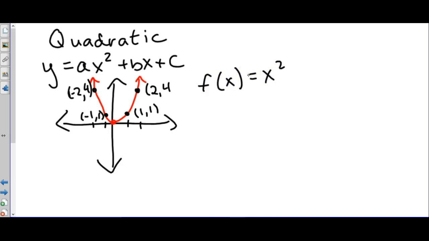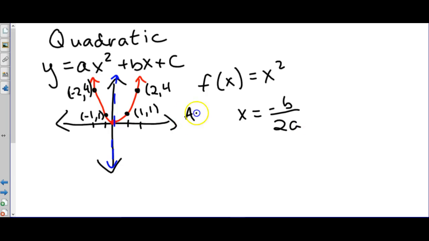When you look at a quadratic function, it has something called the axis of symmetry. It's a line that cuts that parabola exactly in half. You always find that using the formula x equals negative b over 2a.